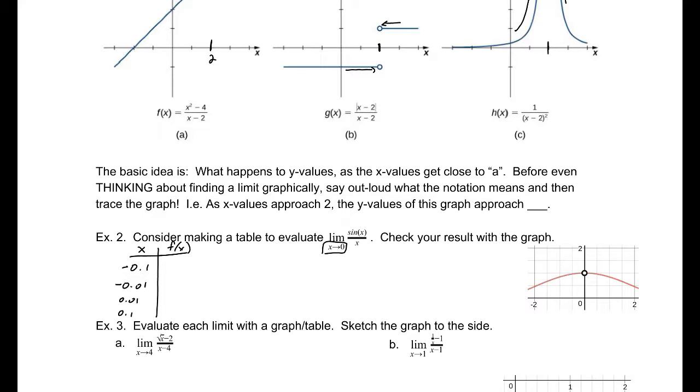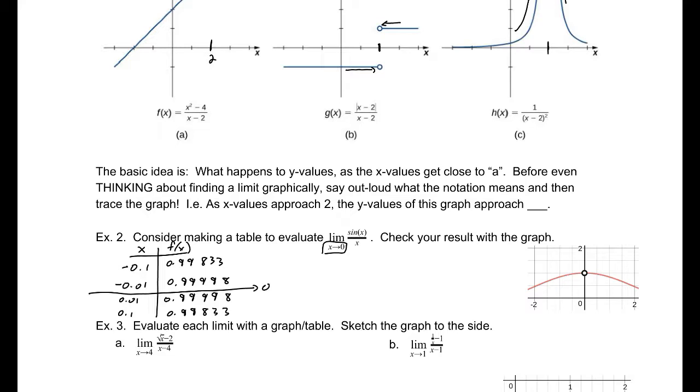From the negative side, negative 0.1 gives 0.99833, and negative 0.01 gives 0.99998. Starting at positive 0.1, we get 0.99833, and 0.99998.